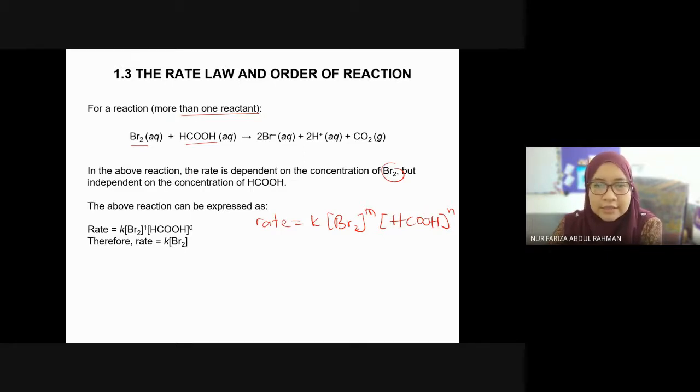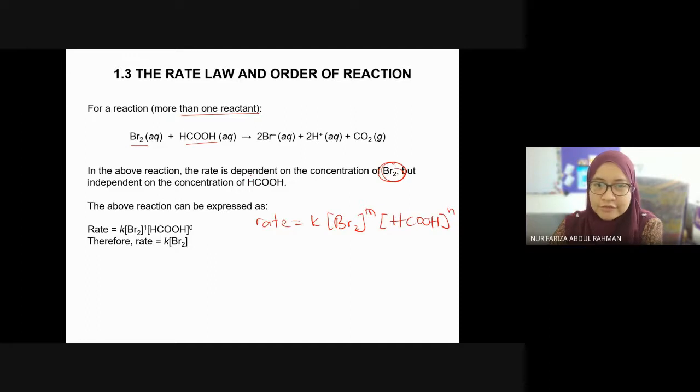It says Br2 is dependent. Here too I feel the information is not sufficient, because dependent can be first order or second order, right? It's just that we don't know the rate. If it is second order, it still depends on the concentration, it's just that the rate will quadruple.